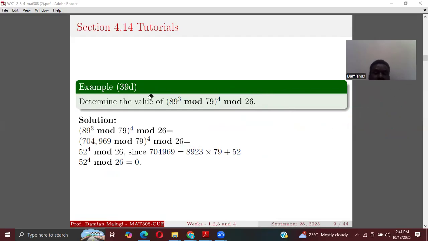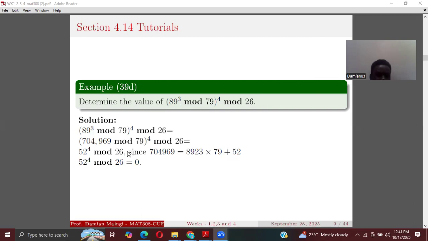In this case, now you have 89. Determine the value of 89 cubed mod 79, power 4 mod 26. So again, what are you asked to do? You are supposed to take 89 raised to power 3. You get this number here, 704,969. Then mod 79.